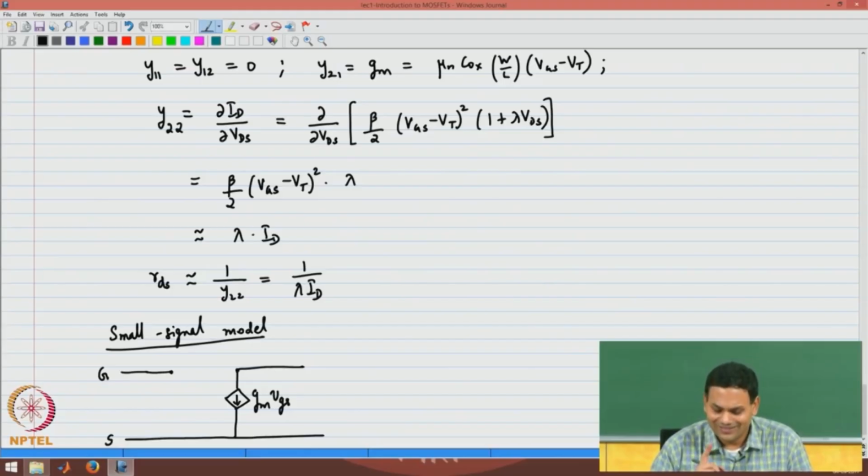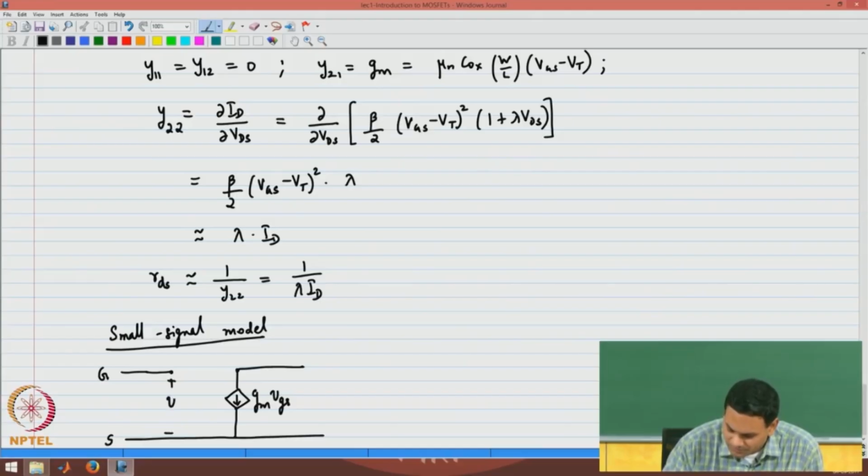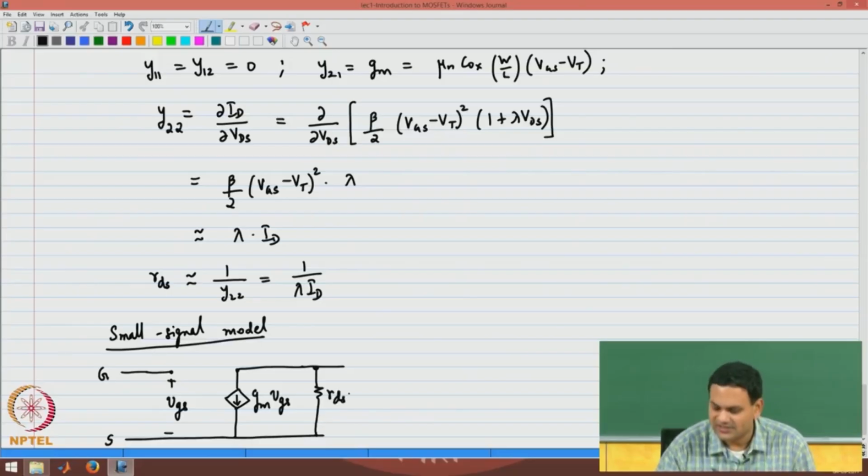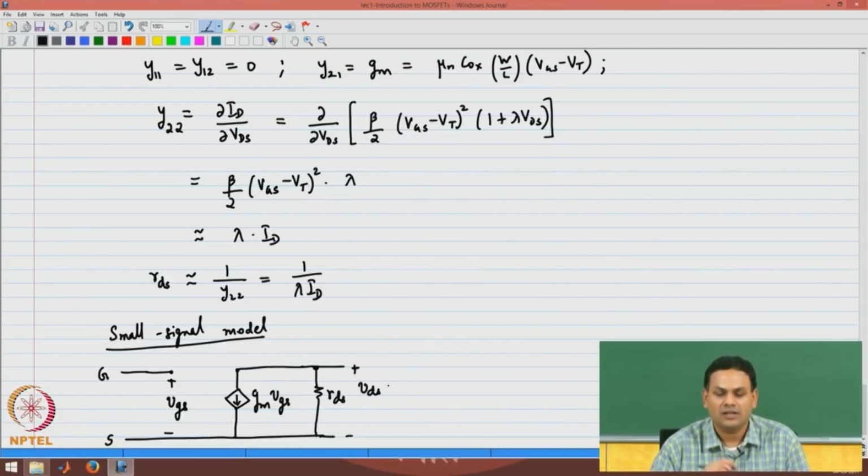Note that the voltages and currents we are talking about are now the small signal currents and not the total current. So far in the device equations we were writing, they were the DC currents or the total currents. Now we are talking about the small signal currents alone. So, this voltage is Vgs. Apart from this, you also have the drain source resistance RDS, and this voltage is the small signal drain source voltage of the MOSFET.